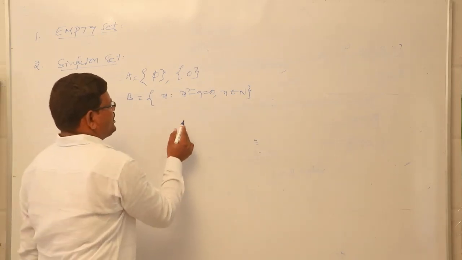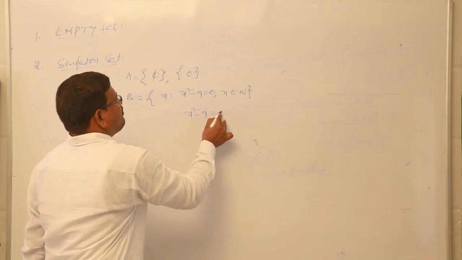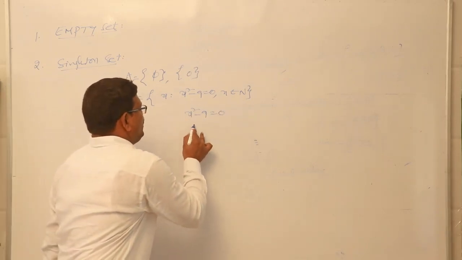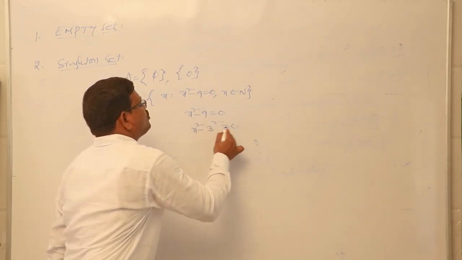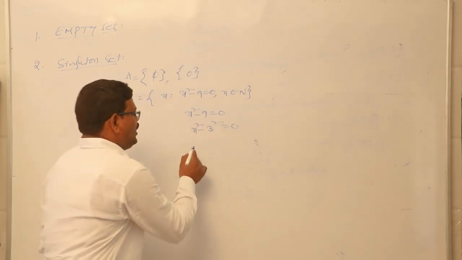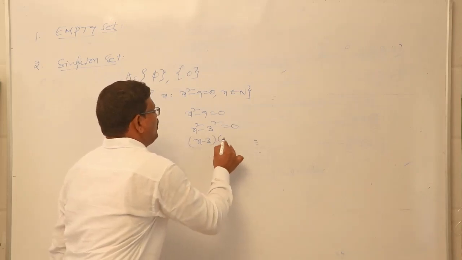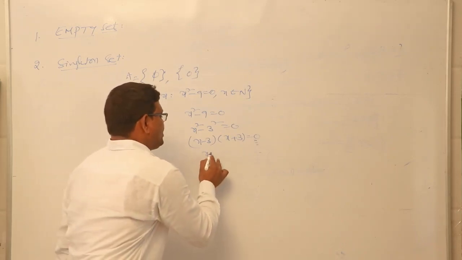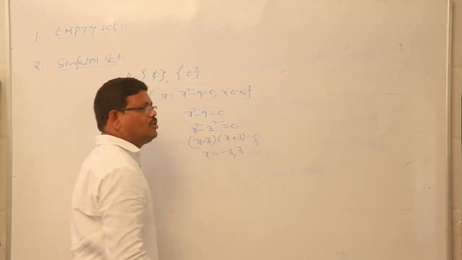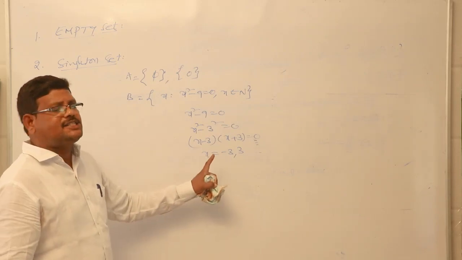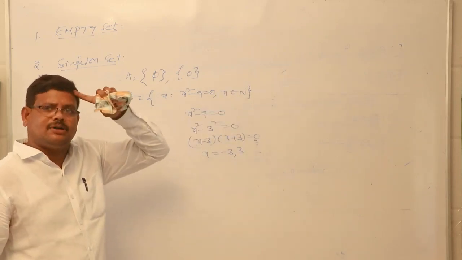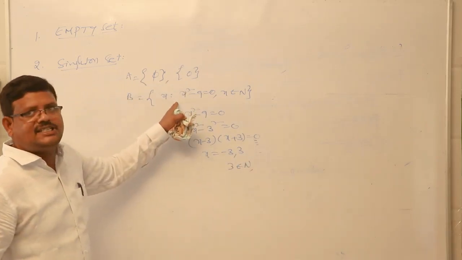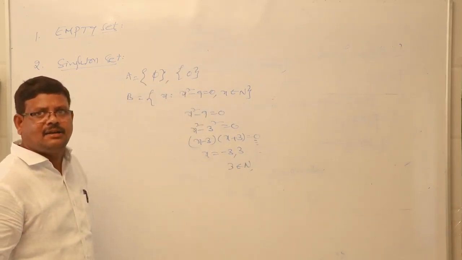If you solve this equation, x squared minus 3 squared equals 0, so (x minus 3)(x plus 3) equals 0, so x equals minus 3 and x equals 3. Here minus 3 does not belong to natural numbers, but 3 belongs to natural numbers. Therefore this set is a singleton set.